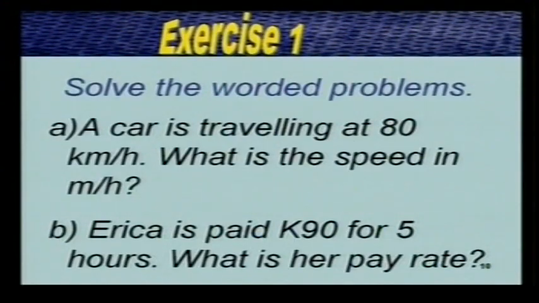I'd like you, class, to just answer these two activities for me, please. Solve these worded problems. Okay, this is to do with rate. So the first one is to do with comparing rate, where we looked at this, and the other one is just the same as this example here.